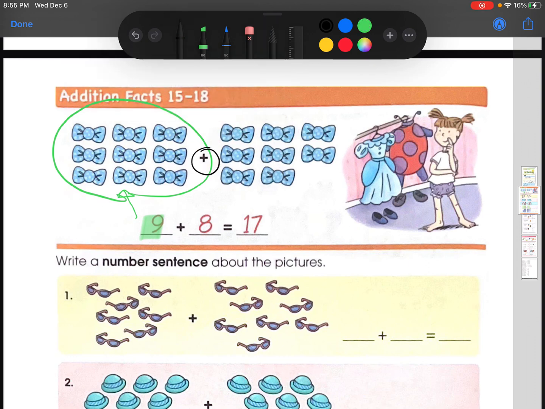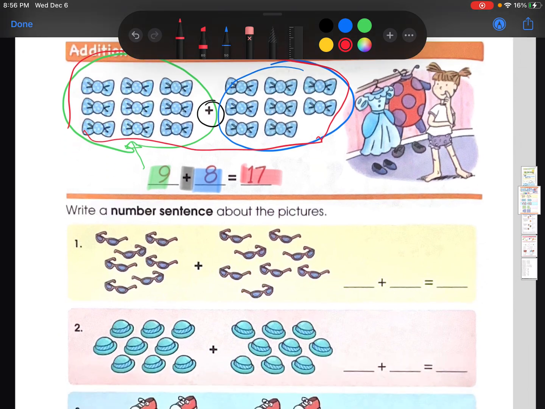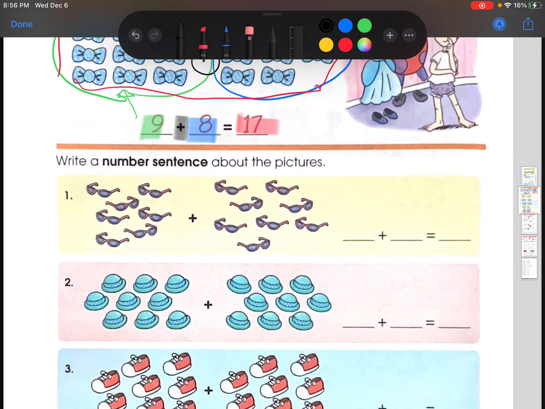Obviously, the plus sign matches the plus sign, and then this second number would basically be this, and then this total right here is basically just all the drawings here added together. So that looks a little confusing, so let's go over an example problem to do this together.